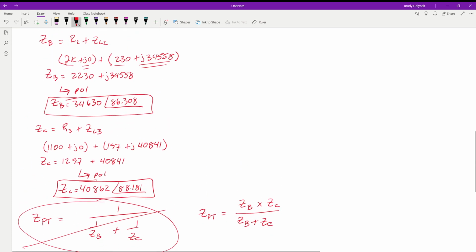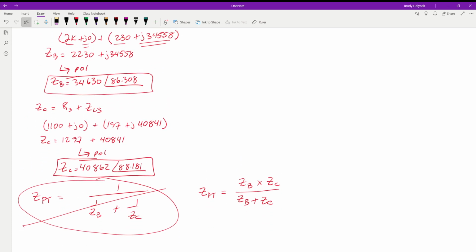One caveat too is if you have the rectangular values, you can multiply together a rectangular value by a rectangular value. You just have to go through and FOIL it. Do your first values, your inner values, your outer values, your last values. You're going to end up with a J squared. J squared is equal to -1. So you're going to have one value that's going to be a negative value, or it's going to be the opposite polarity of whatever it was.